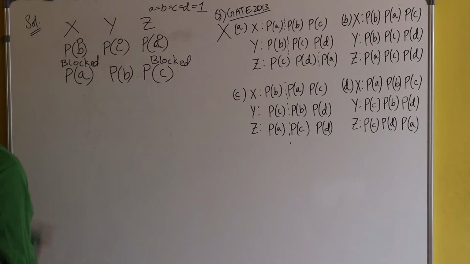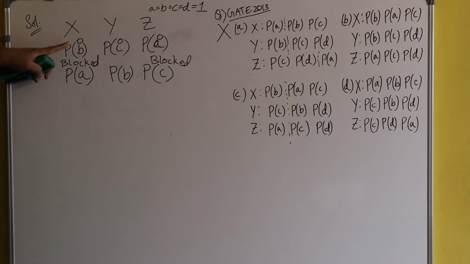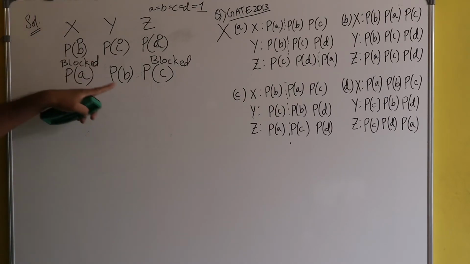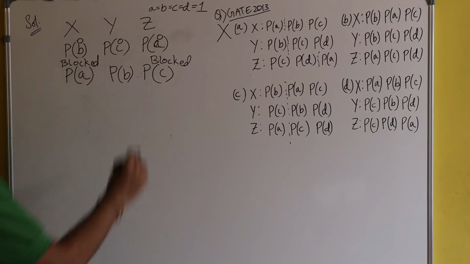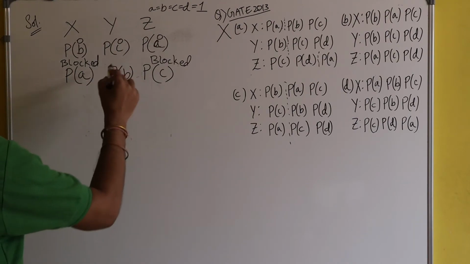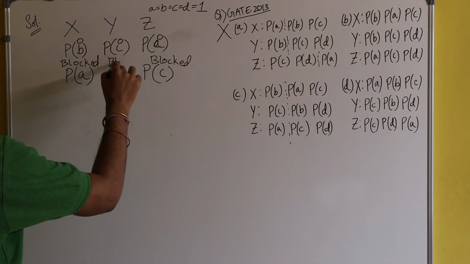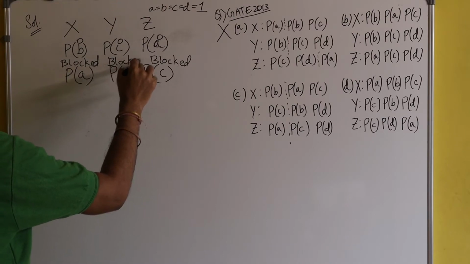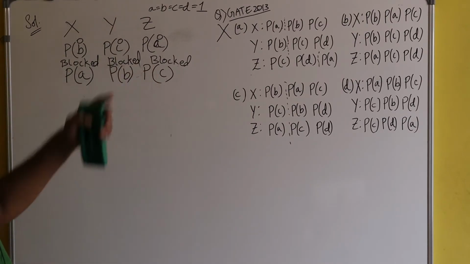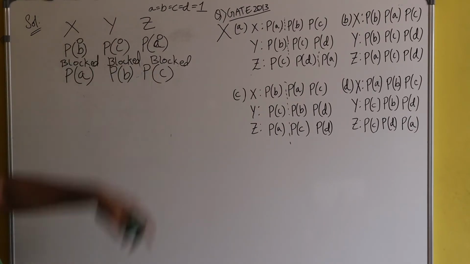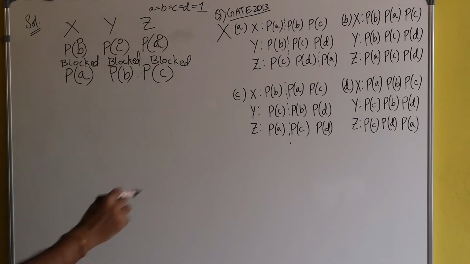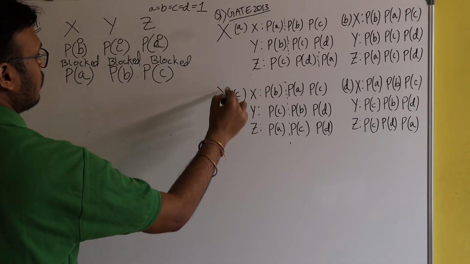But here you can see that the value of B has been made 0 by X. So process Y will not successfully execute this code because the value of B is 0. So process Y is also blocked here. So all three processes are blocked. So there is a deadlock.